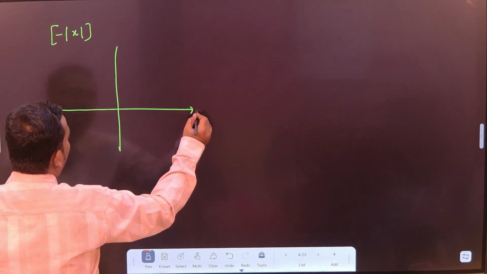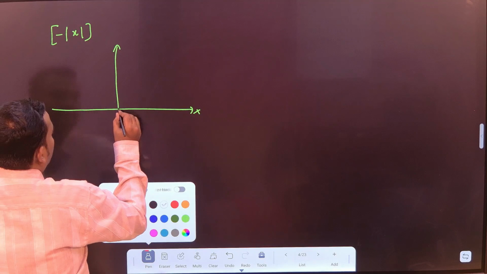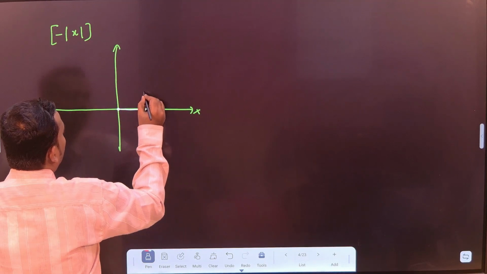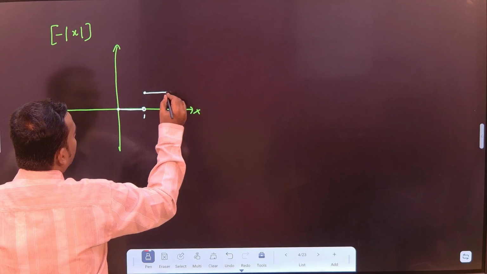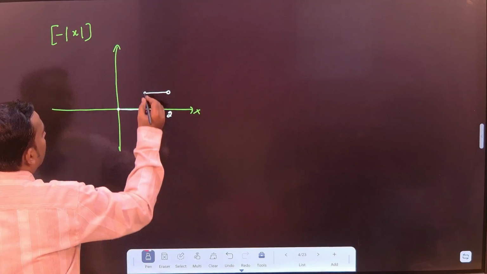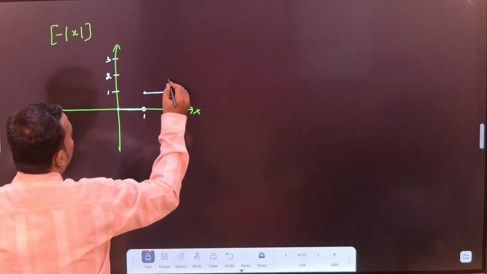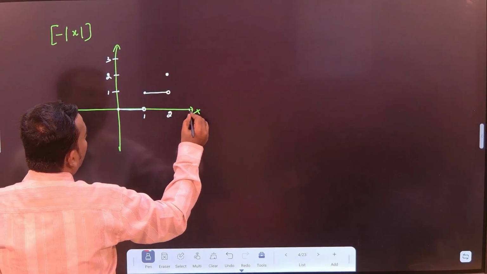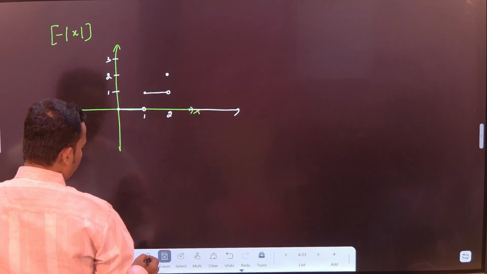First you draw the graph of the greatest integer function. 0 to 1, then 1 to 2, here is 1, 2, here is 3. Then 2 to 3, let's take here.